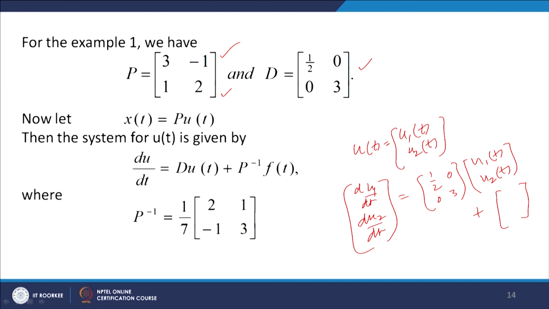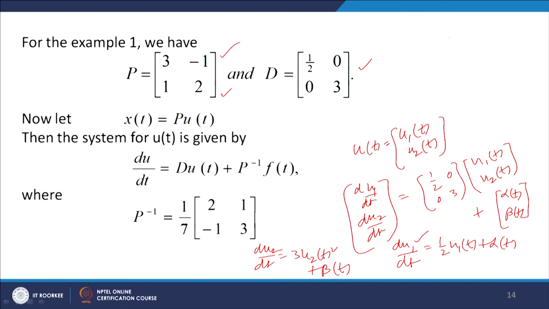So you will have du1 by dt equal to half u1(t) plus, let us say P inverse f(t) is alpha(t), beta(t), plus alpha(t). This is one equation, and similarly the second equation is du2 by dt equal to 3 u2(t) plus beta(t). Now these are linear equations in u1 and u2.